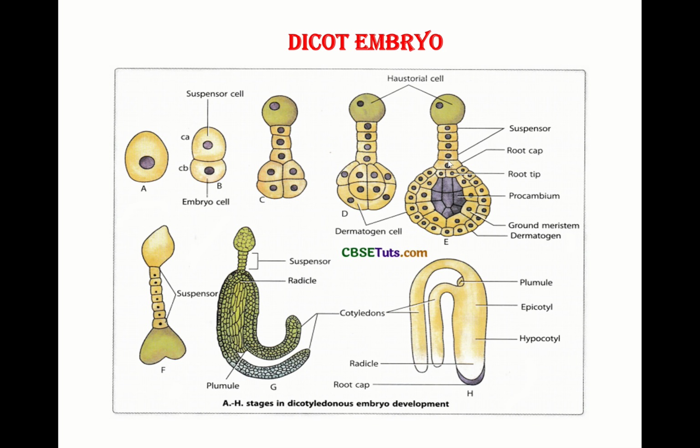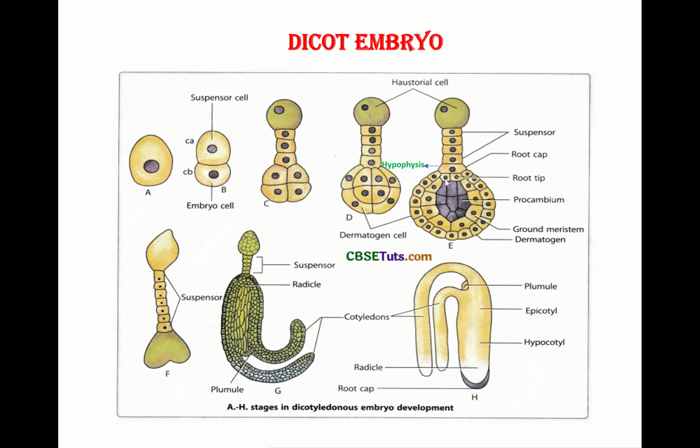Here it is not mentioned, but you can note it once again. This terminal cell of the suspensor is called the hypophysis, and the upper or top portion of this embryo forms the hypocotyl region, which encloses the root cap and root tip.